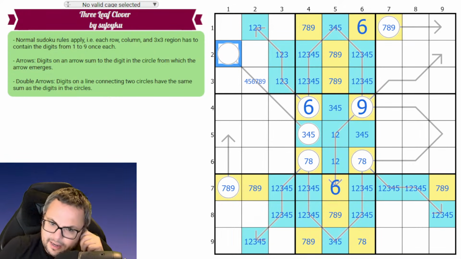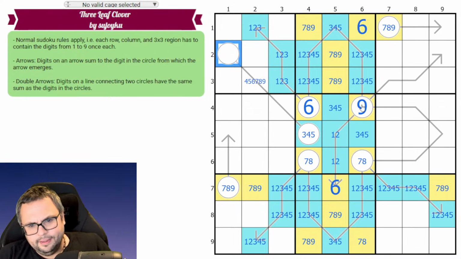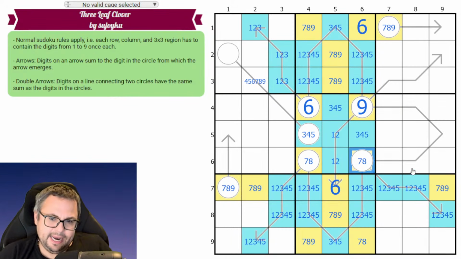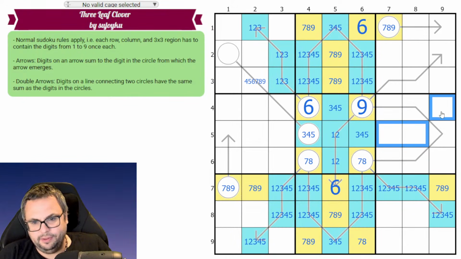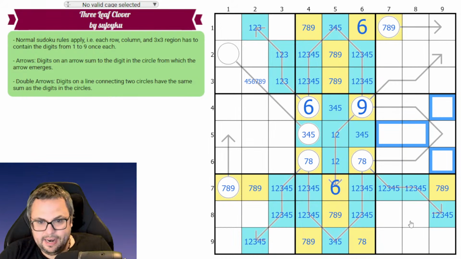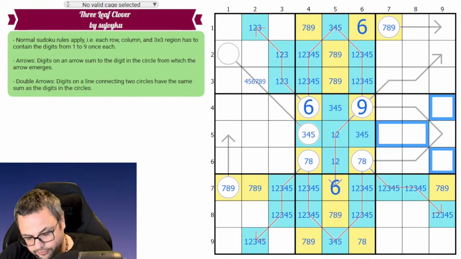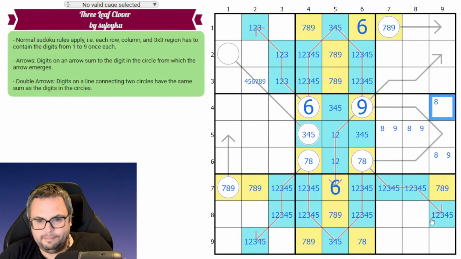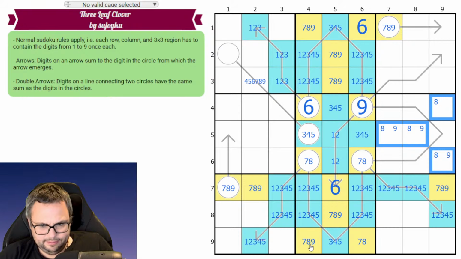Let's see. Even with 9 and 8, it's worth noting I still can't put 8 or 9 in any of these cells. So there's still sort of an 8, 9 floating around here, which looks like it might be tempting me to do a geometry thing with like these assorted T's. I'm not quite sure yet.